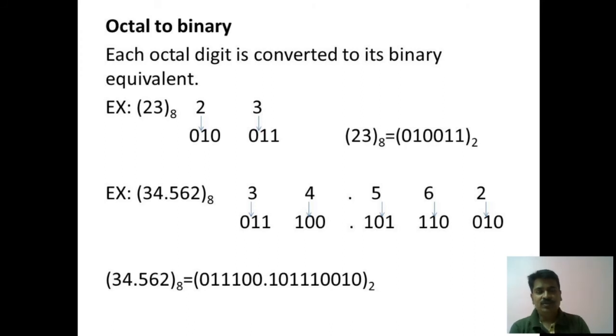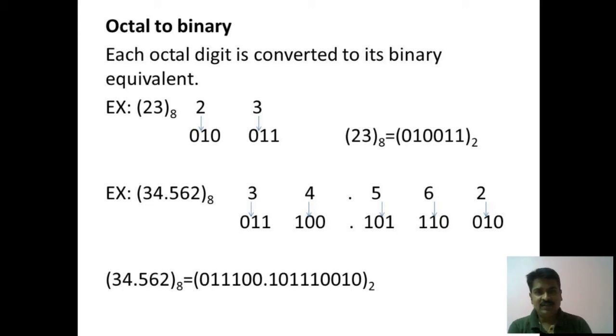So you put 0 to the left side. Don't put the 0 to the right hand side. Put the 0 to the left hand side. So here it is 0, 1, 0. Here it is 0, 1, 1. Write all the things together. Together it will be 0, 1, 0, 0, 1, 1. That is the binary equivalent number to the given octal number.